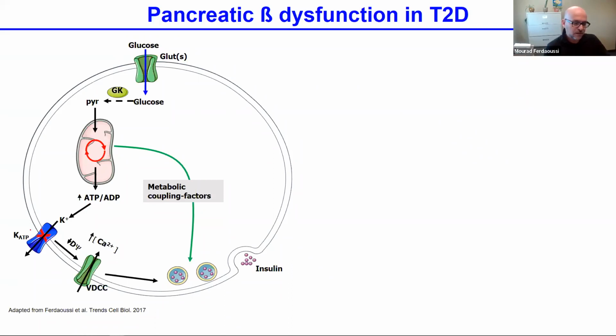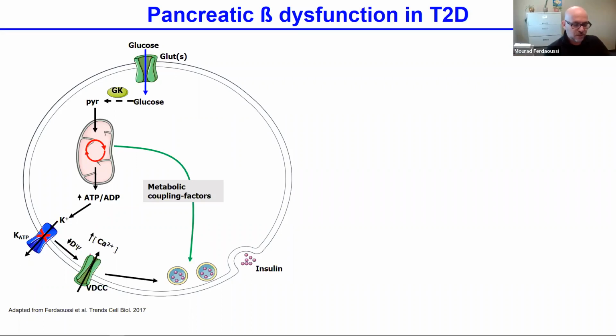This triggers the closure of the KATP channel, and because the potassium is not released through this channel and accumulates inside the cells, it causes membrane depolarization, the same thing that is observed, for example, in neuronal cells.